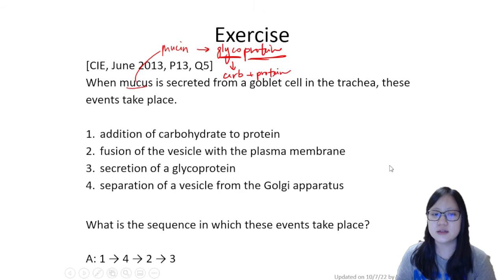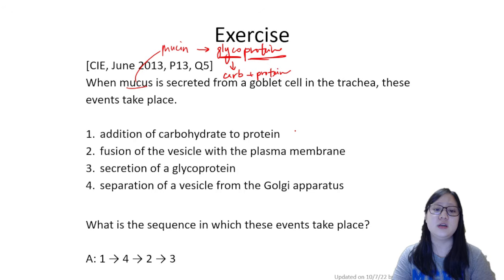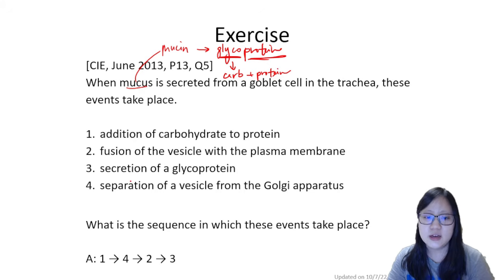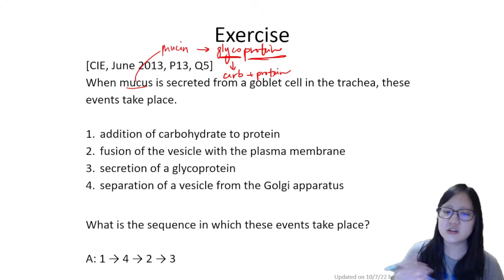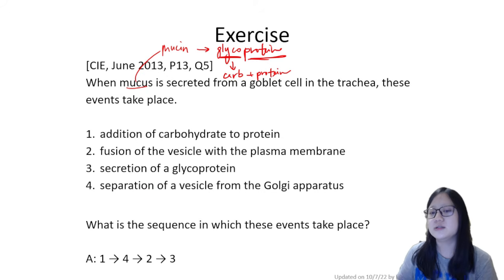Okay, so what is the sequence in which these events take place? The answer is 1, 4, 2, 3. So addition of carbohydrate to the protein, which happens at the Golgi or possibly the ER, doesn't matter. After it's modified either in the Golgi or ER, there's separation of vesicle from the Golgi apparatus, right? This would be a secretory vesicle.